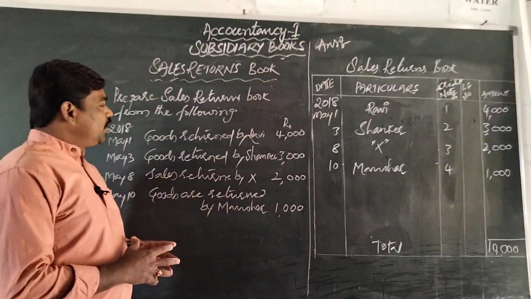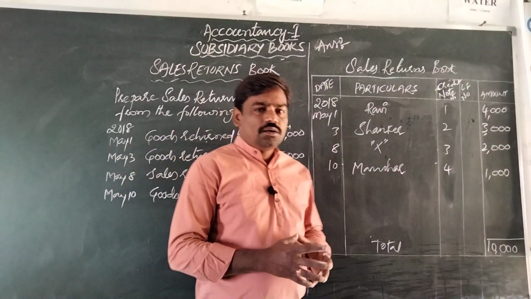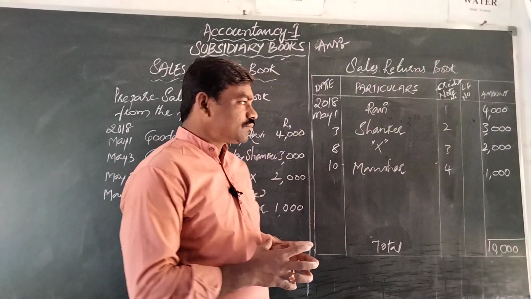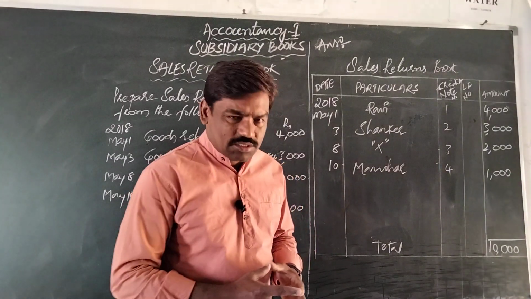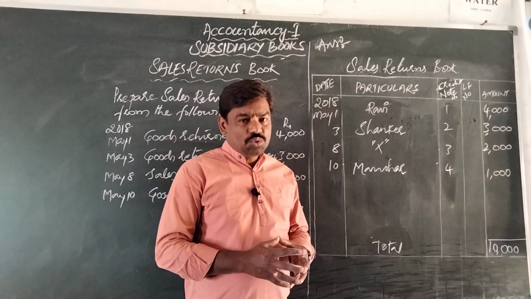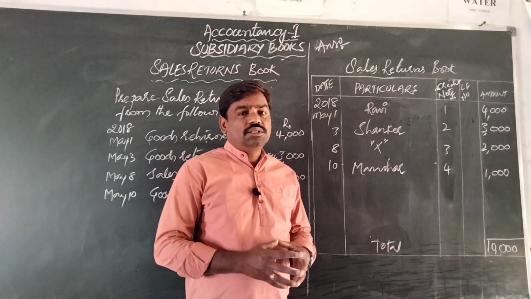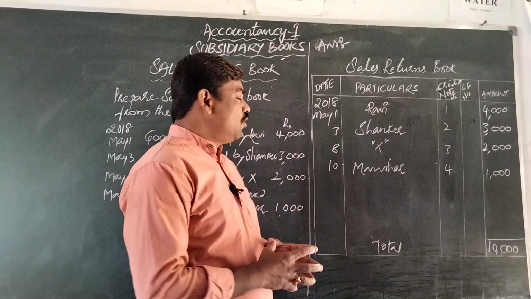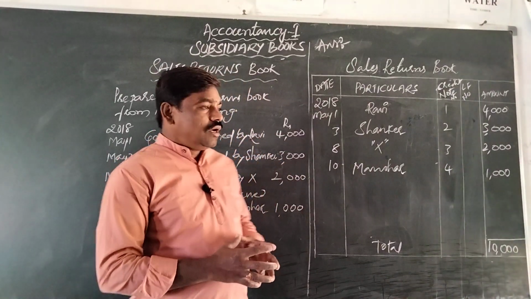And one more point: in the credit note you will find some information, that is the name and address of the customer, the amount of the goods returned, and the reasons for the goods returned. All these things we find in the credit note.